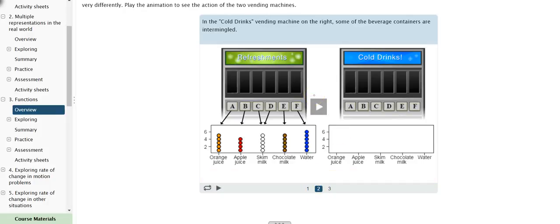Now, if we look at the cold drinks vending machine, some of the beverages are intermingled. If I hit A, I'm going to get orange juice. If I hit B, I'm going to get apple juice or skim milk because it switches halfway through. If I hit C, I'm going to get skim milk.